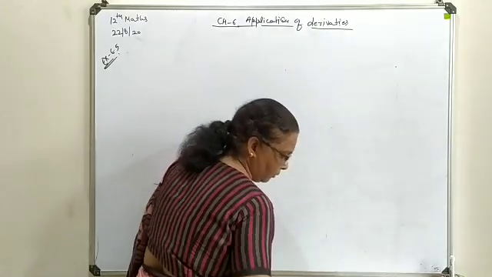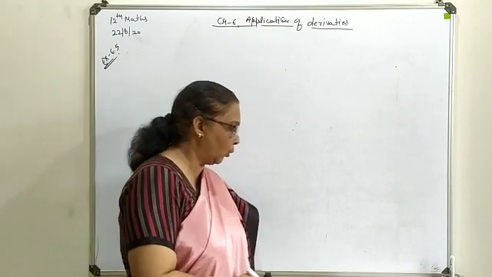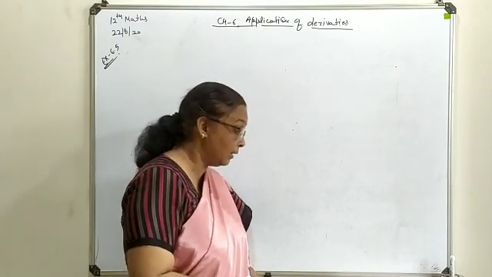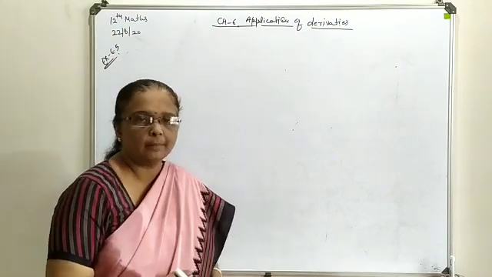In the 19th question, it asks us to show that among all the rectangles inscribed in a given fixed circle, the square has maximum area. What is the meaning of the question?